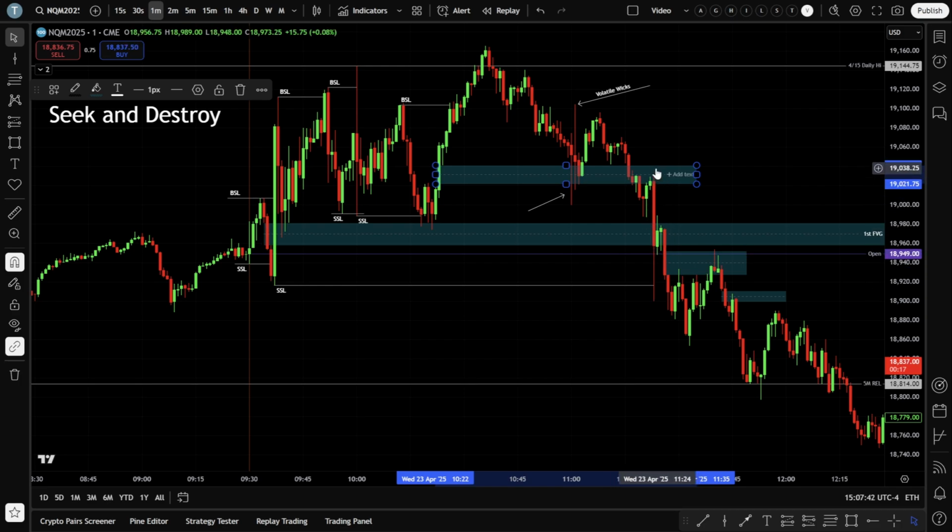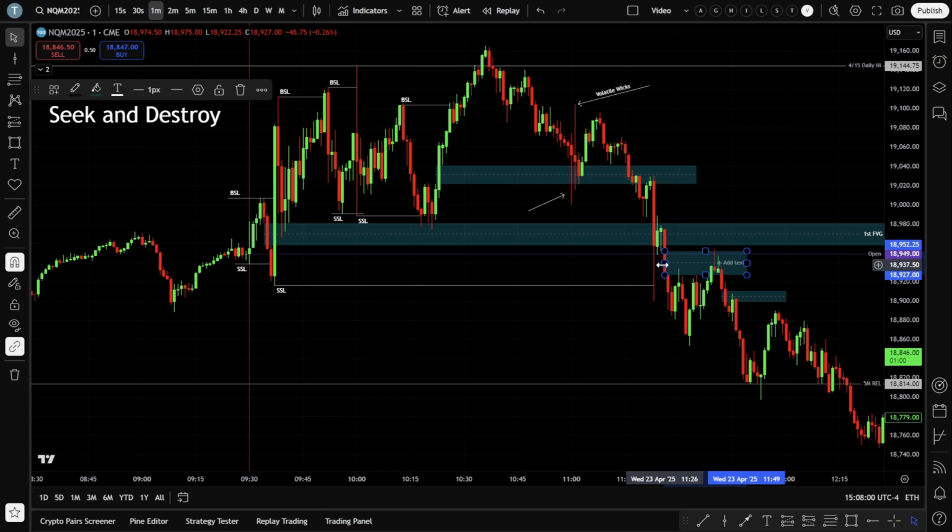So we go down, very large candle here, come back up, and the first presented fair value gap acts as an inversion fair value gap. So we come down, come back up into it, the bodies are staying inside, and then we drop again, creating this fair value gap here.